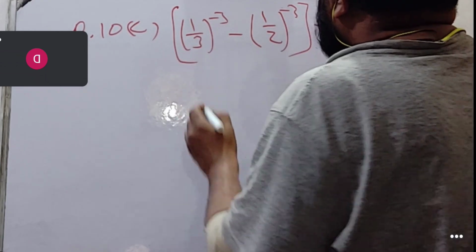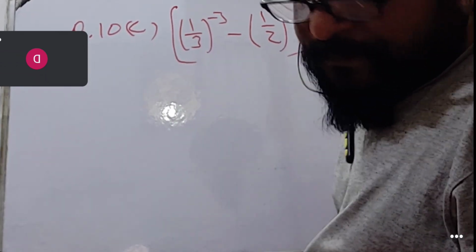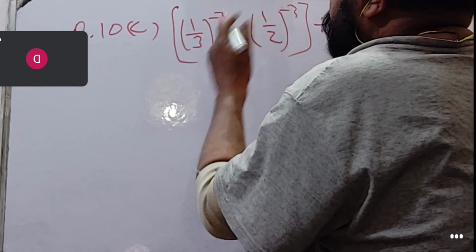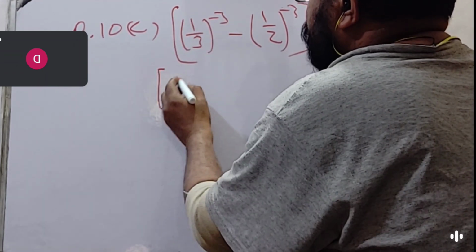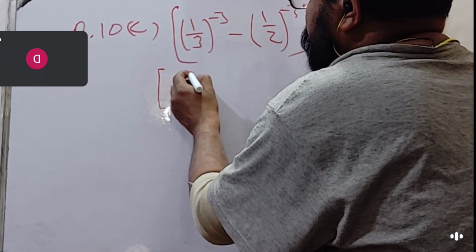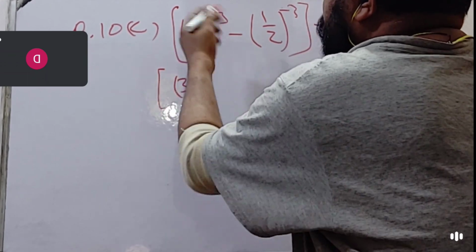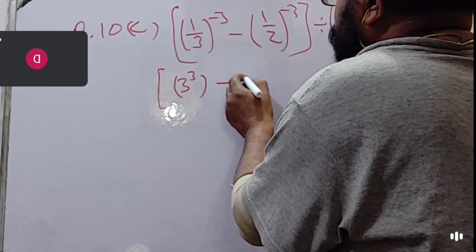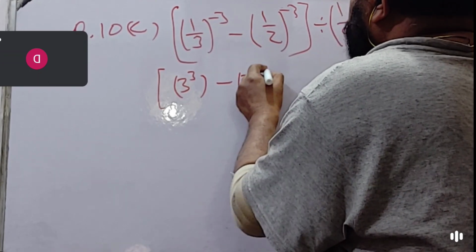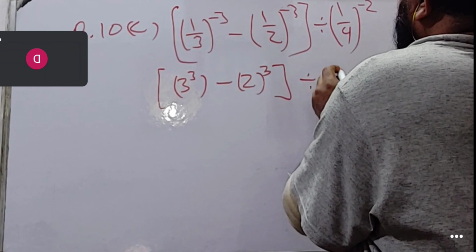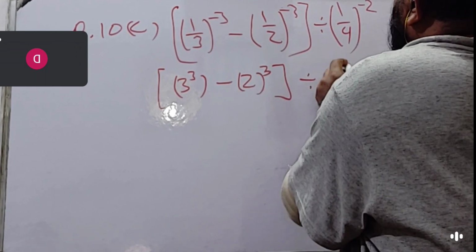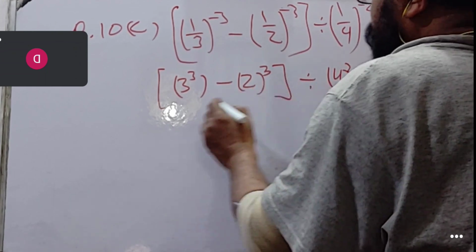Okay, so it will be 3 raised to the power 3 minus 2 raised to the power 3, divided by 4 raised to the power 2.